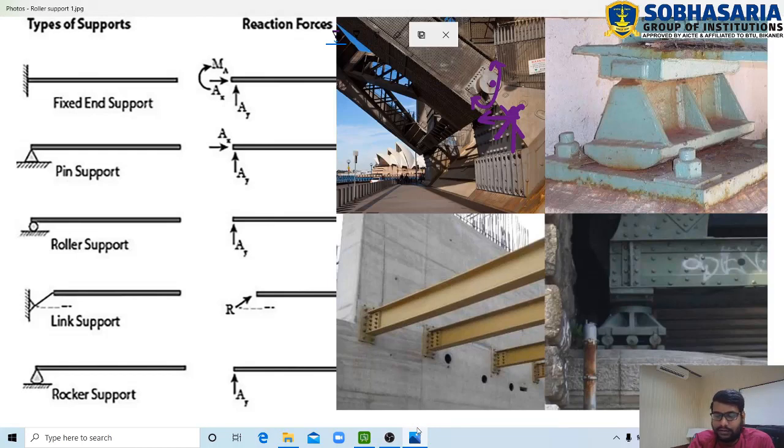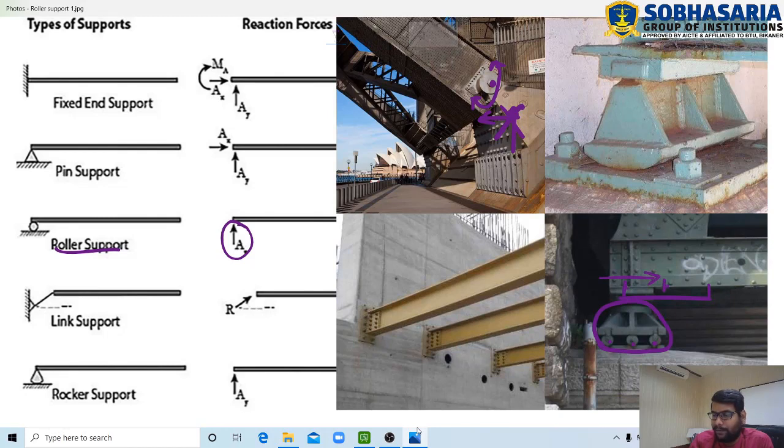So next is roller support. In roller support, vertical movement is restrained. You can see in the image here in the right bottom, this is a roller support. The support is placed on the rollers. Usually it is placed in highway decks, because due to the moving vehicles, it will cause some impact loads.